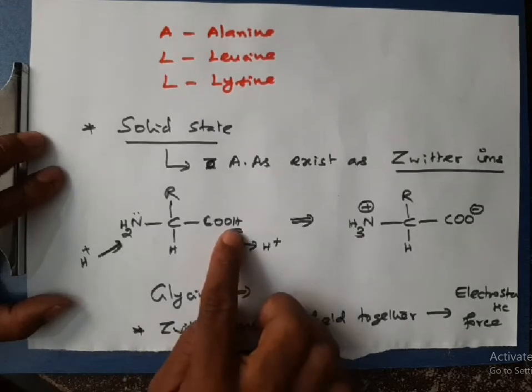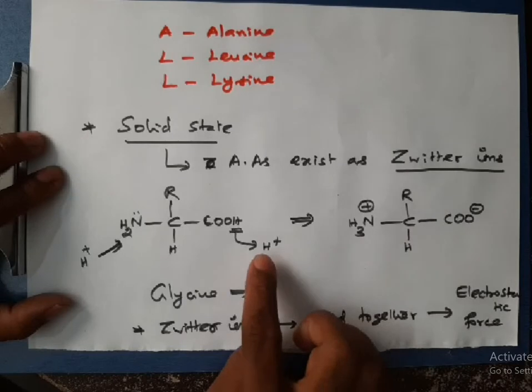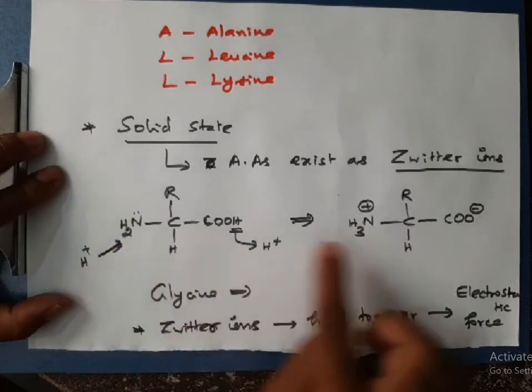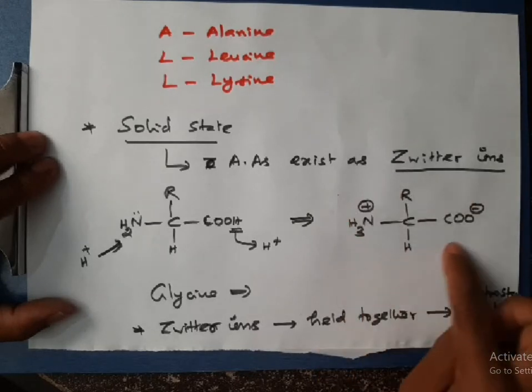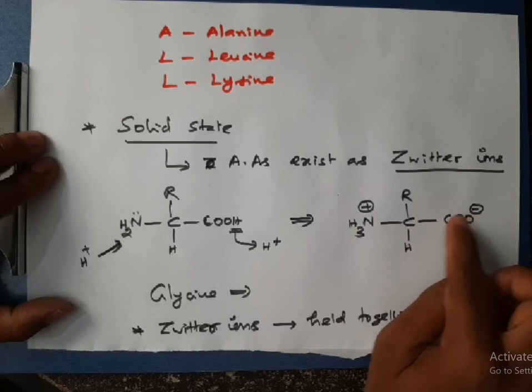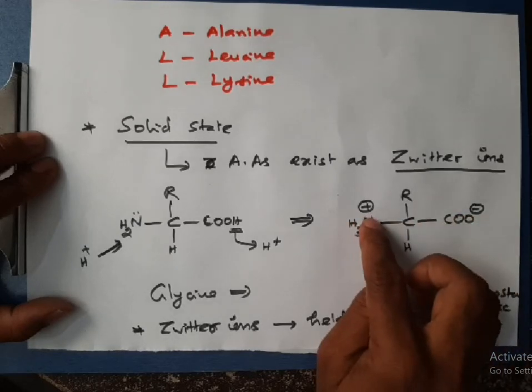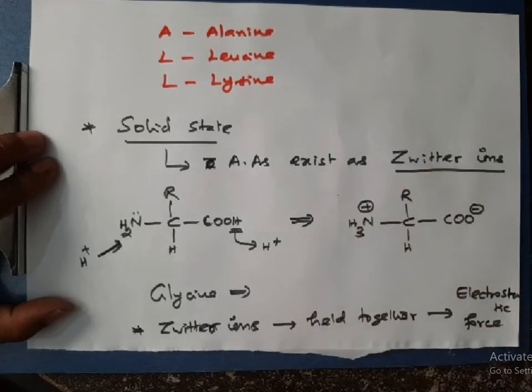By losing one H plus, the acid group becomes COO minus, and the amino group takes this H plus and becomes NH3 plus. This species containing an anionic part and a cationic part is what we call a zwitter ion.